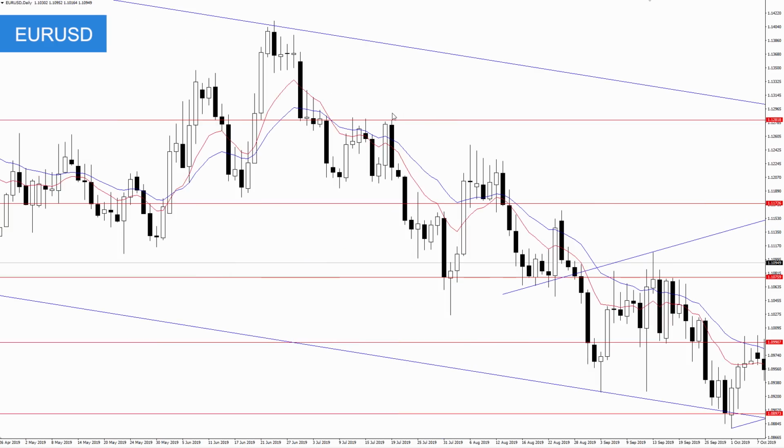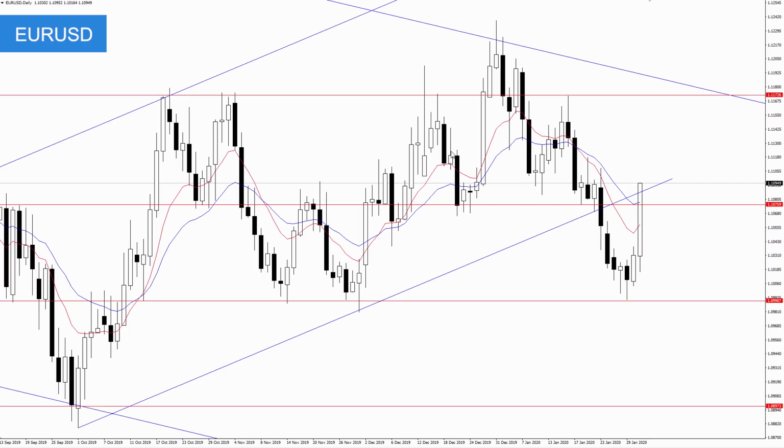If anything, I may even look to buy the EURUSD if we do open on Monday somewhere around Friday's close, and then start to base in this area. Okay, so if we get some type of price action on Monday that suggests that this was not a false break back above resistance, then I may look to actually buy the EURUSD while above this 110.100 to 110.75 area for a move back into this 111.75 level, which also intersects with that descending channel top that extends from the 2019 high.